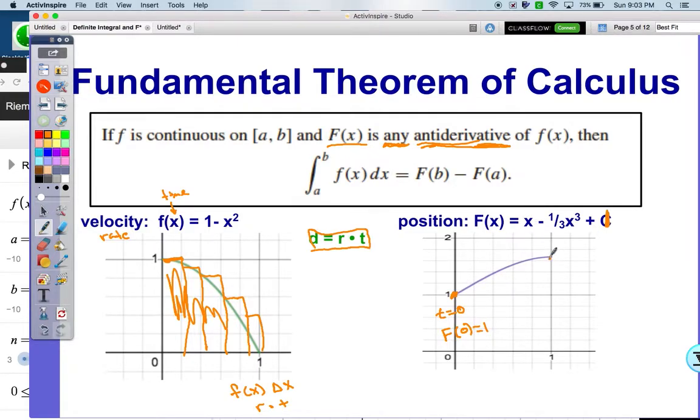And if I ask, what's the position at time 1? F of 1. All I have to do is plug it into that position function. That gives me 1 minus 1/3, which is equal to 2/3.